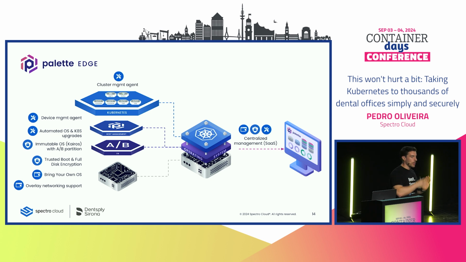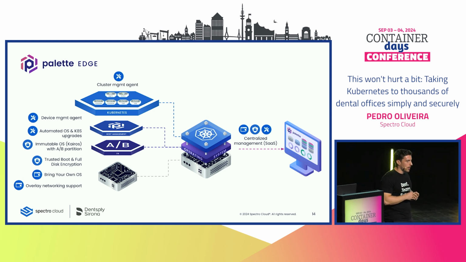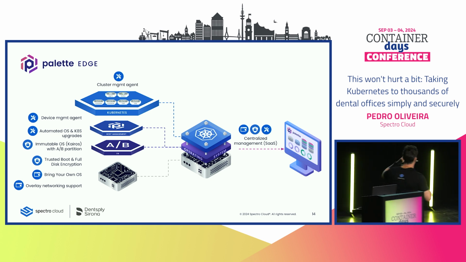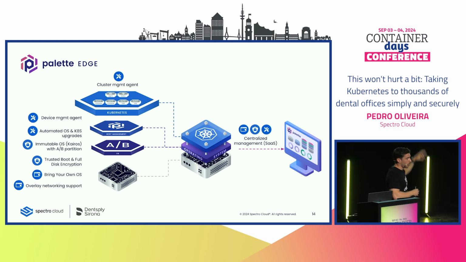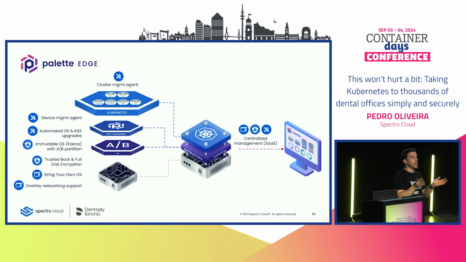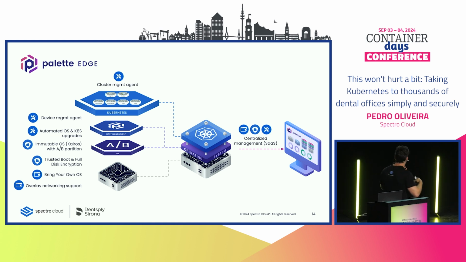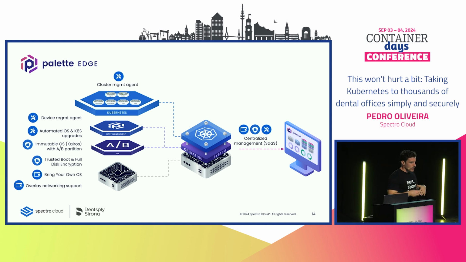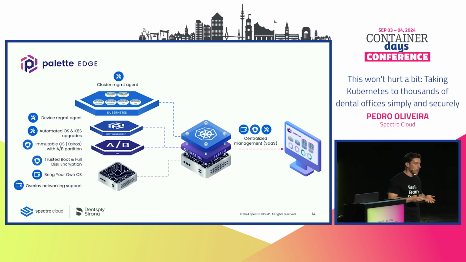So you can automatically roll back, and we do that via our A/B partitioning mechanism. And this is, again, only possible because through Kairos and with Pallet Edge, all these operating systems are actually container images. And because of that, you're able to do automated operating system and Kubernetes upgrades, okay?